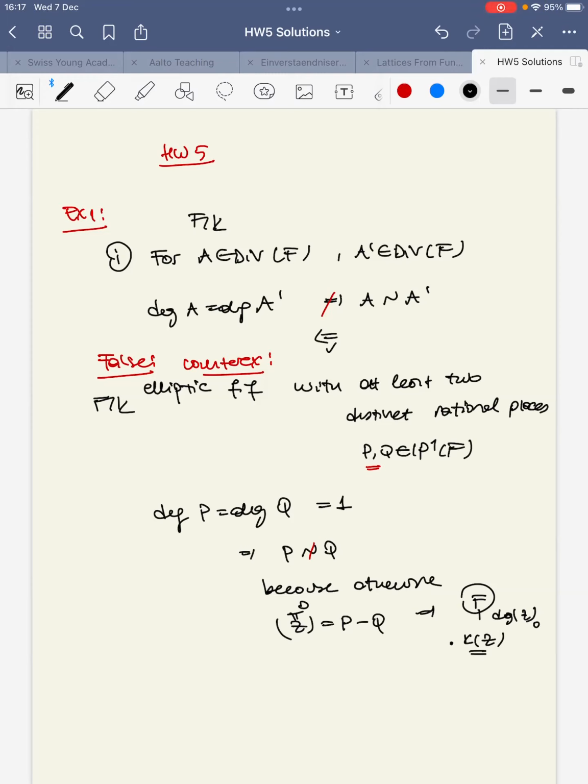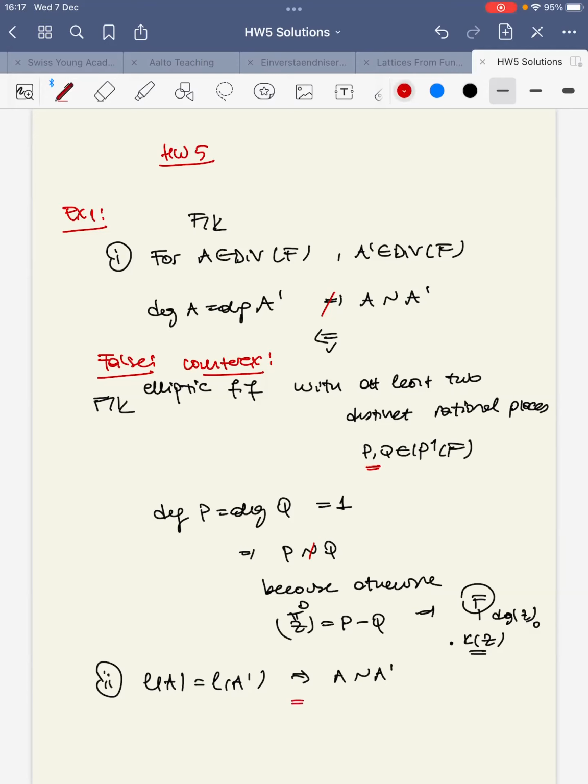Similarly, in the second statement, we want to decide if two divisors have the same dimension, I mean if the dimensions of their Riemann-Roch spaces are the same, then again it is claimed that they are equivalent. This is not correct. We can explain it by the same counterexample.